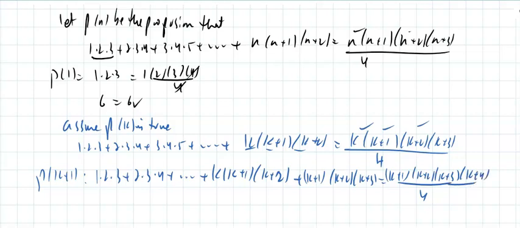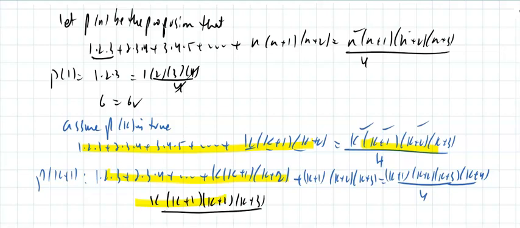But I made an assumption that this right here equals that, so I'm going to use that assumption. I'm going to use k into k plus 1 into k plus 2 into k plus 3 divided by 4. This is the inductive hypothesis.